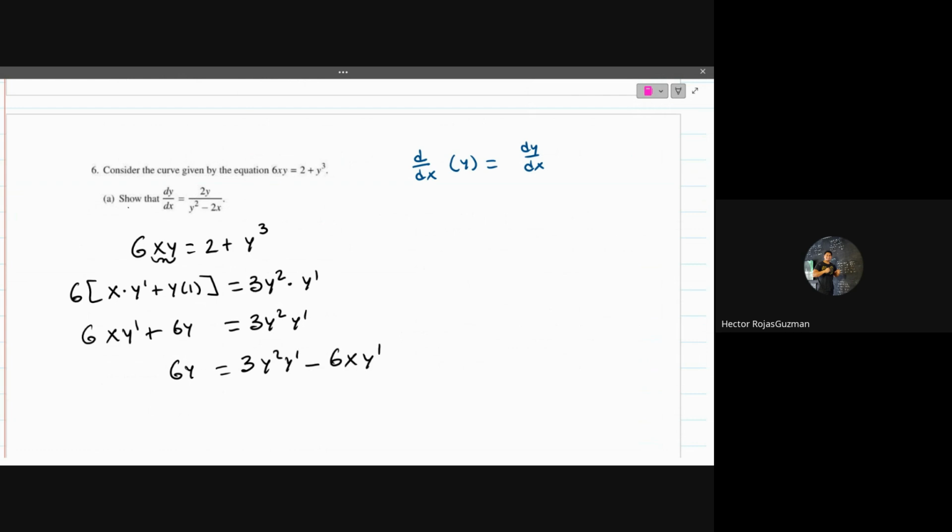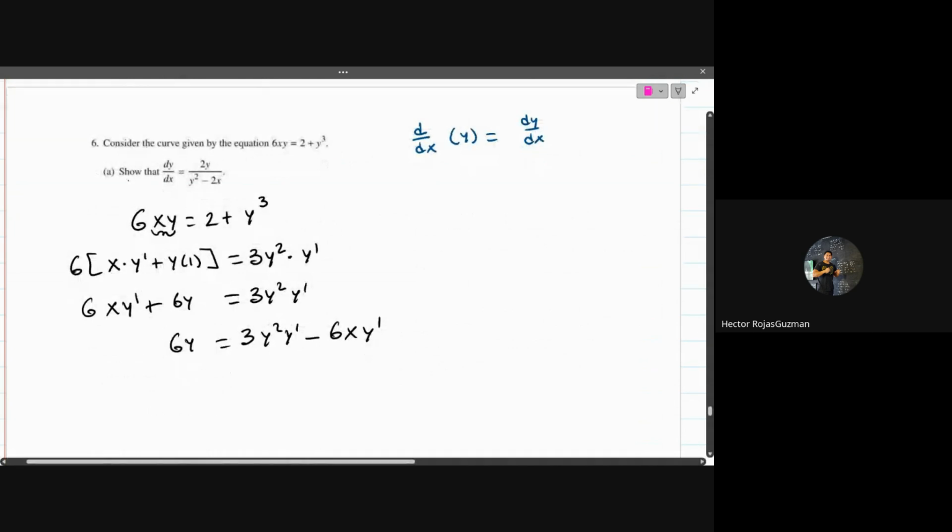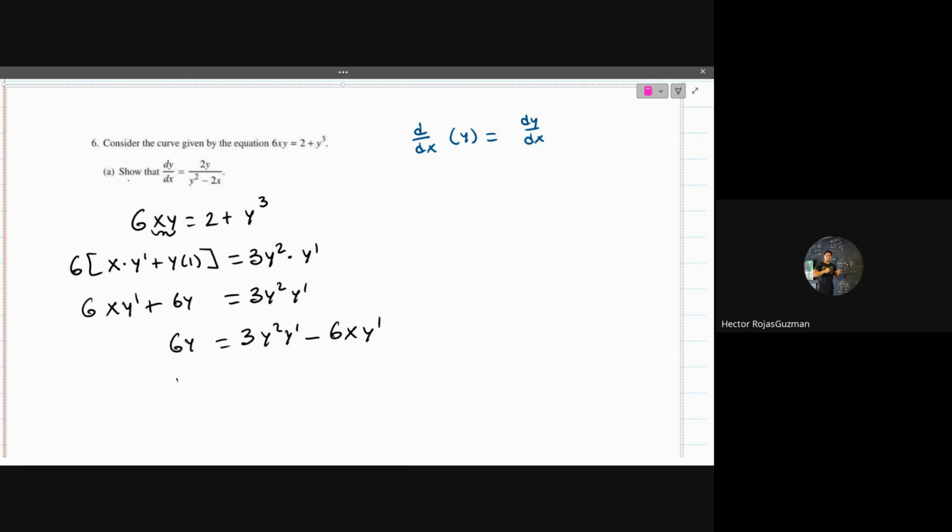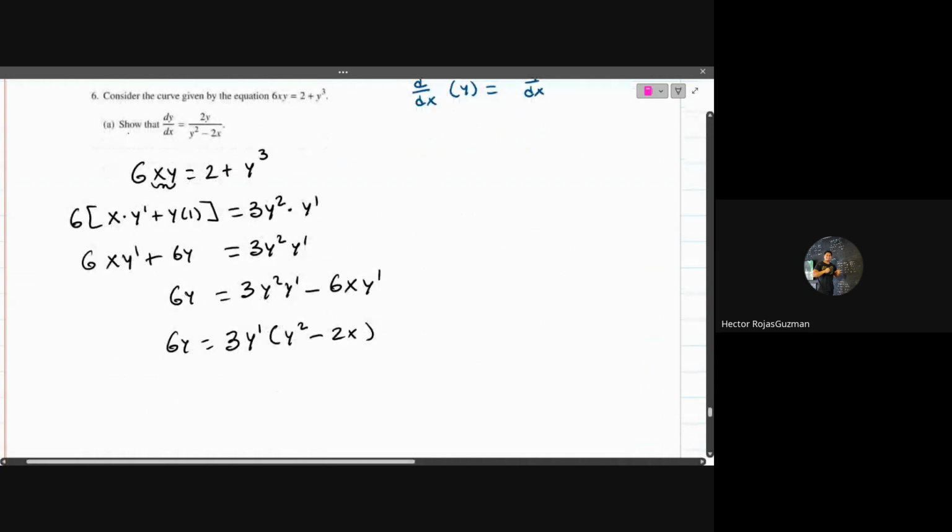6xy prime. Okay. Right here, notice how we have a greatest common factor, right? We're going to go ahead and take out a 3y prime. And this leaves us with a y squared minus a 2x. Last but not least, oh, just kidding, 2 more steps. Divide by y squared minus 2x.